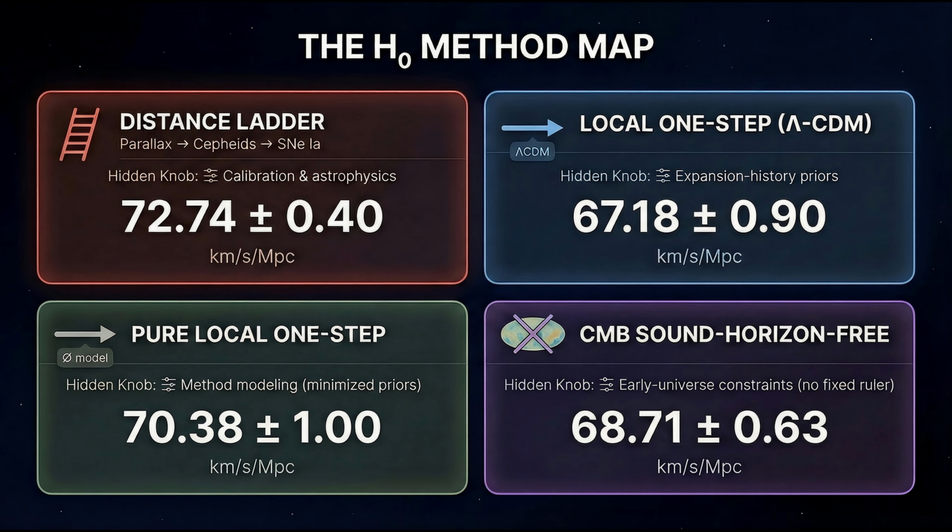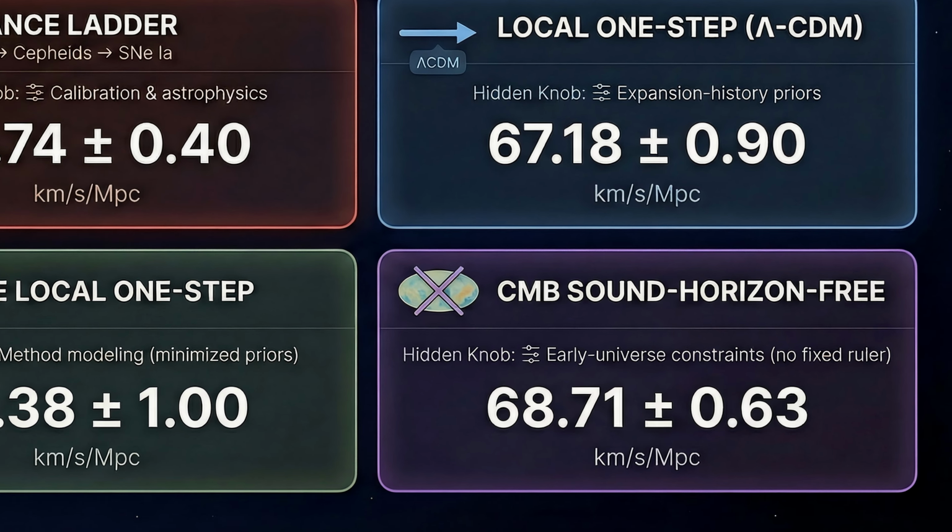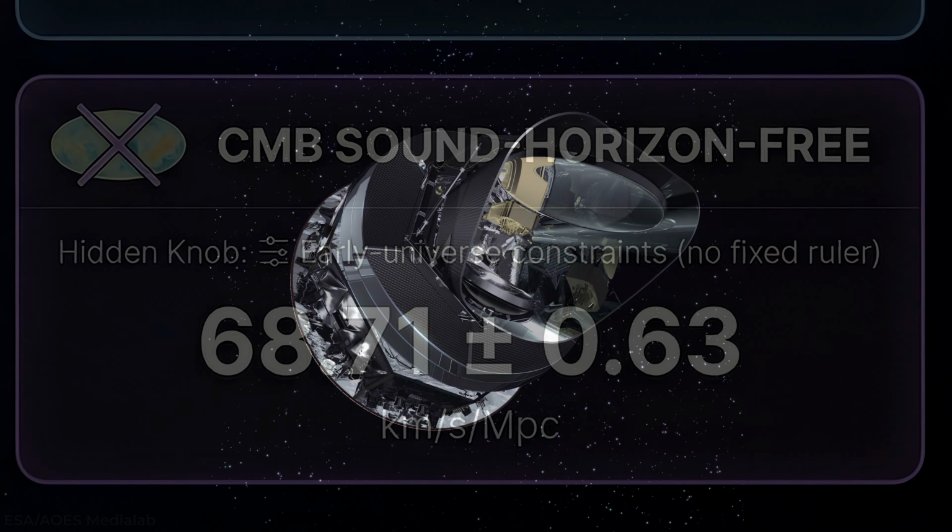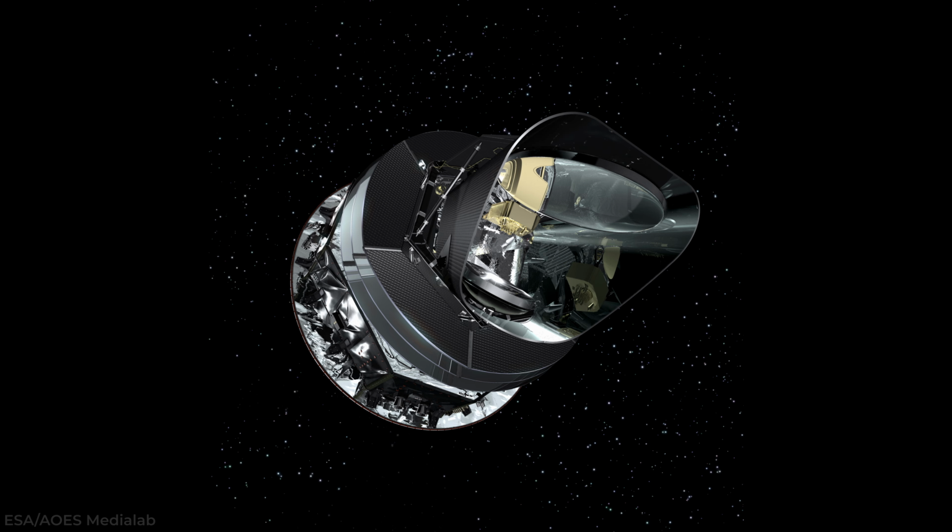Family 4, CMB sound horizon free measurements. The famous 67 value most people quote comes from the Planck satellite's measurement of the cosmic microwave background, interpreted through base ΛCDM.